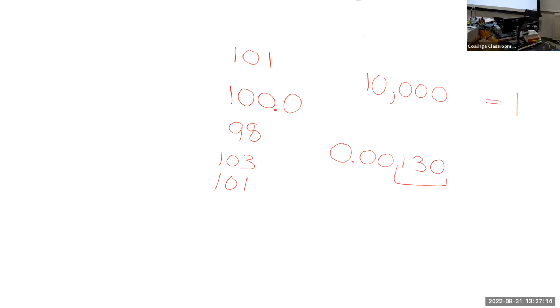Now, if I ask you how many sig figs there are, the answer would be 1. But if I ask you what the answer is, it's 10,000. Okay, so let me give you another example.